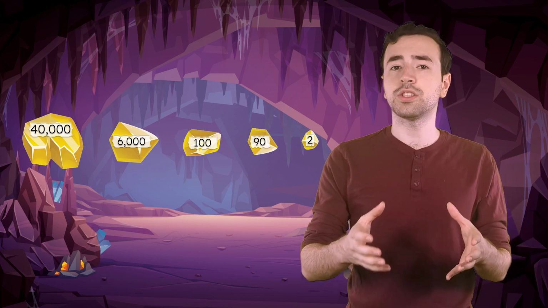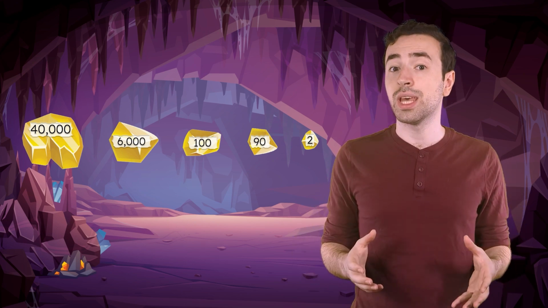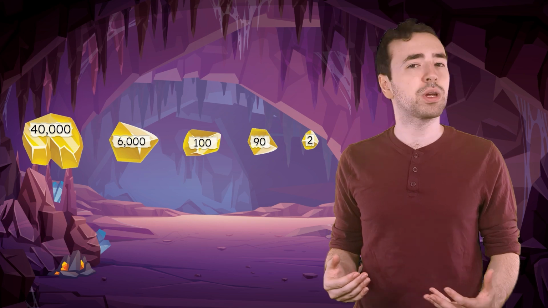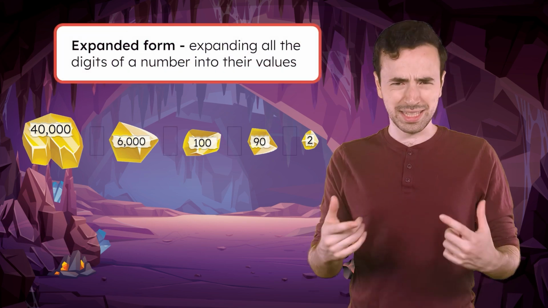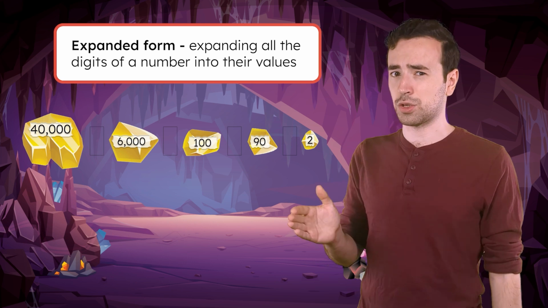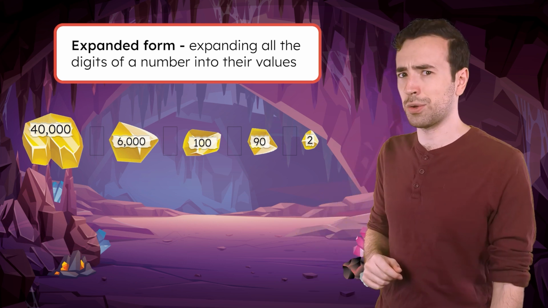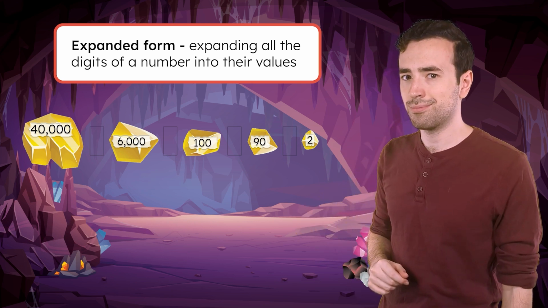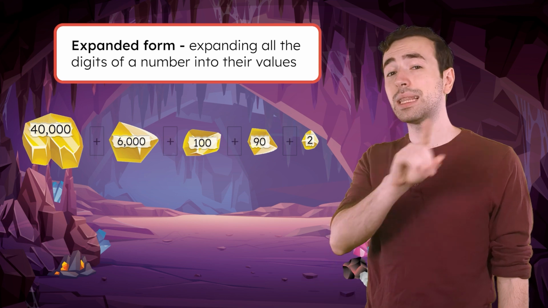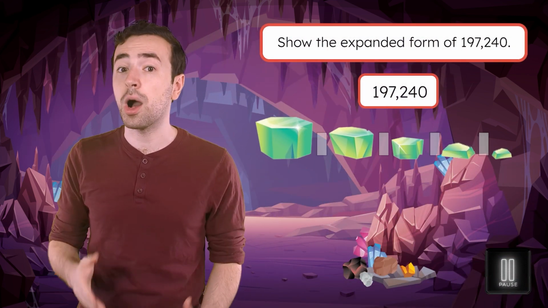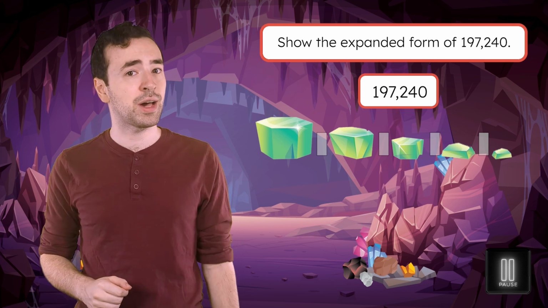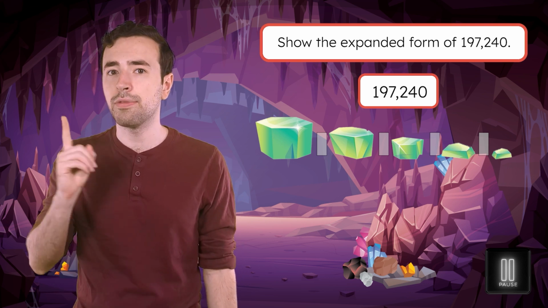Breaking numbers apart into their individual place values is the first step to expressing numbers in their expanded form. What symbol can we use in between the terms to show that the values still go together? We'll use a plus sign. Pause here to show the expanded form of 197,240 on this geode.